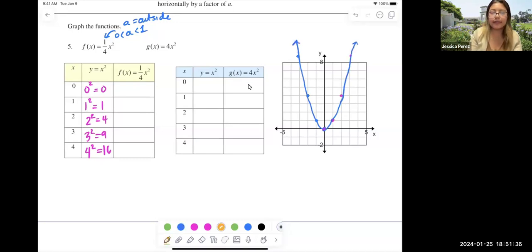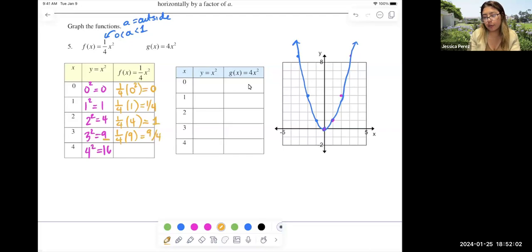Now, what happens if I insert the 1/4 in front of it? So it's going to be 1/4 times 0 squared, or 0, that's 0. 1/4 times 1 is 1/4. 1/4 times 4, because that's 2 squared, is equal to 1. And then we have 1/4 times 9, the value, 3 squared.